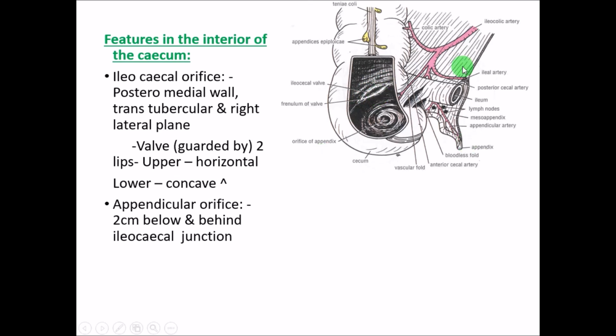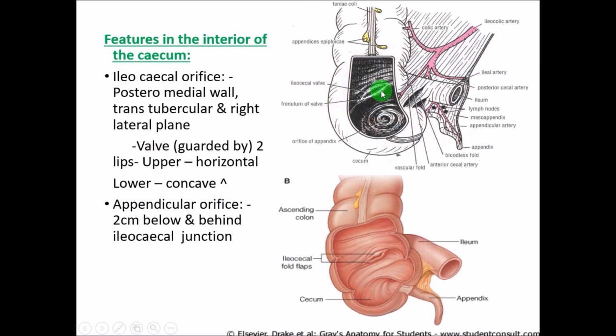The second orifice is the appendicular orifice, which is almost 2 centimeters below the ileocecal orifice, behind the ileocecal junction. This is the appendicular orifice, and it is guarded by a valve called the valve of Gerlach.